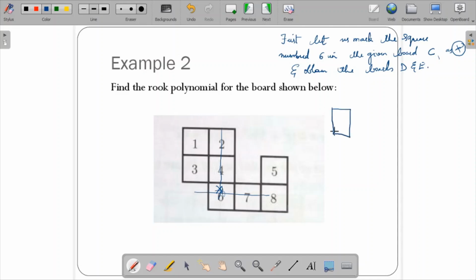1 3 1 3. When you apply star over here, this and this are deleted, that is the D board, and just 5, that 5 is like 2 spaces here, just 5. So this is D, and E will be just elimination of this, so that would be, I'll draw it.